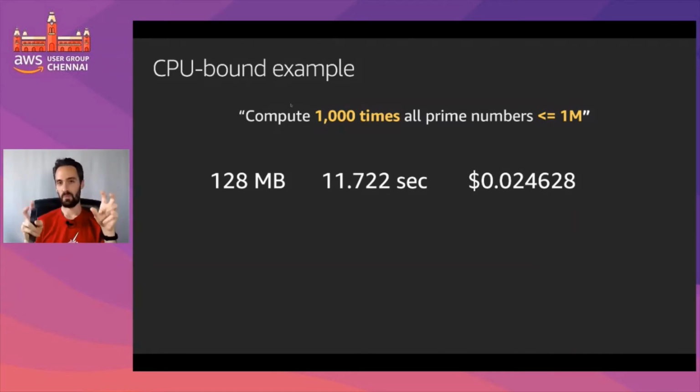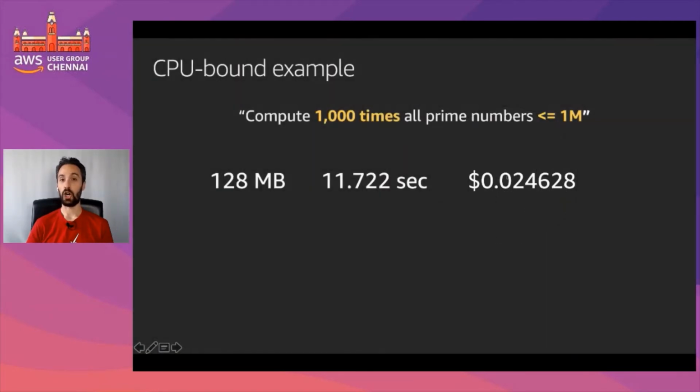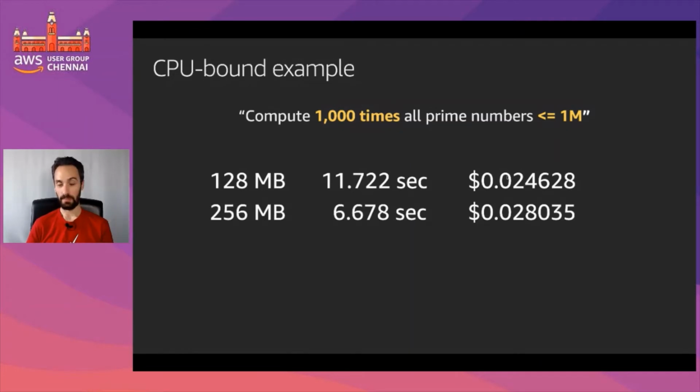So with the lowest power option, you're running for about 11 seconds, and that's the cost per execution on average. If you double the power, the memory, you run in 6 seconds, and you are paying a little bit more.